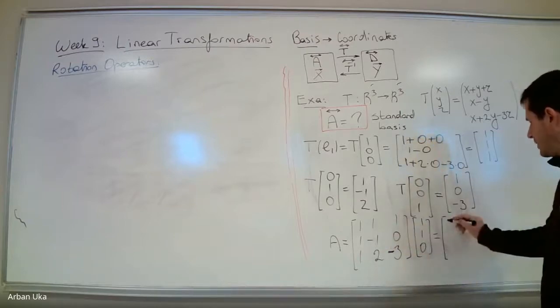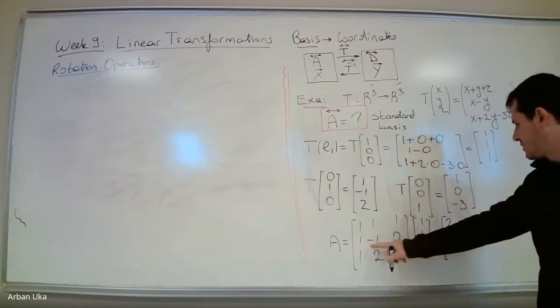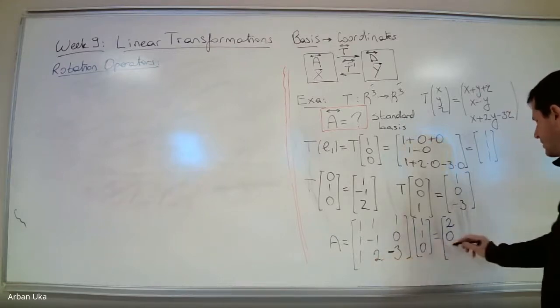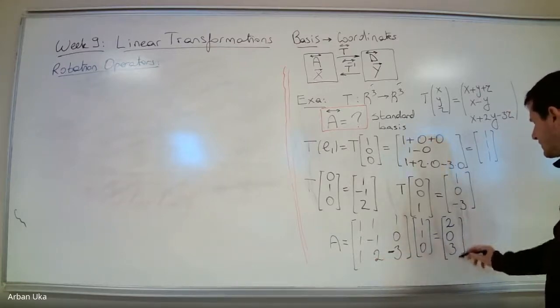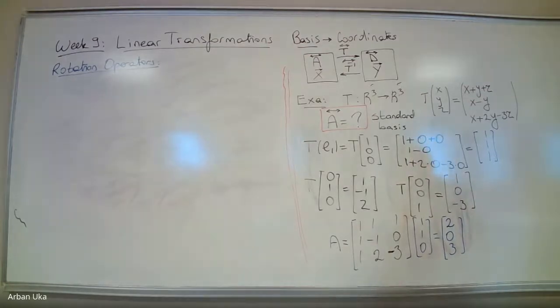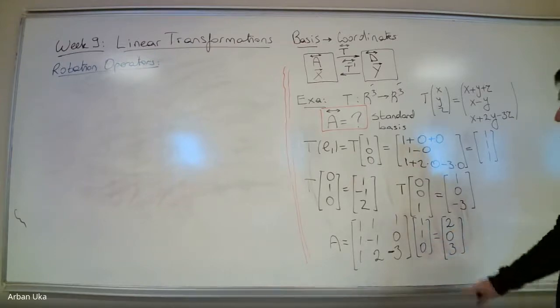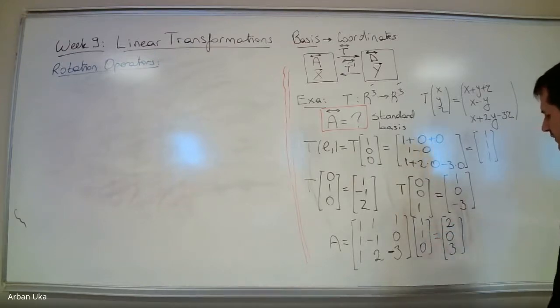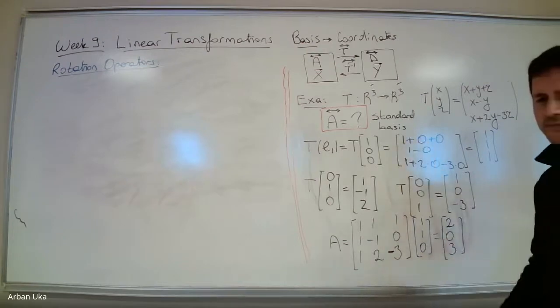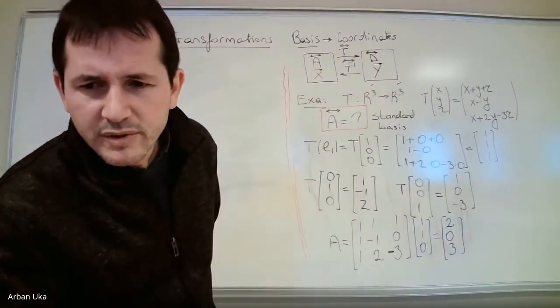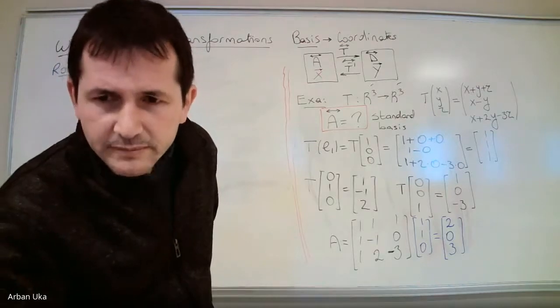We have 1, 1, this is 2, this is 0, this is 3, 3. Would you agree that this is the answer? Now, I want to ask you, what is the magnitude of the vector 1, 1, 0? You can raise your hand, I can see this on the comment section.